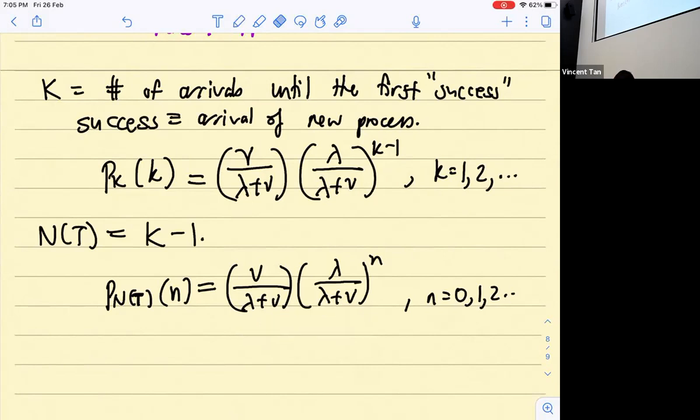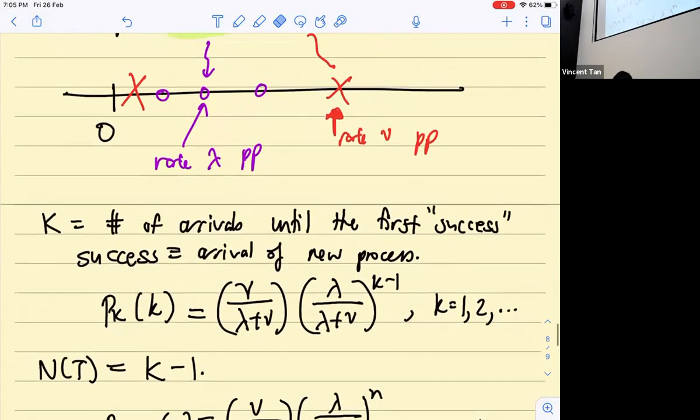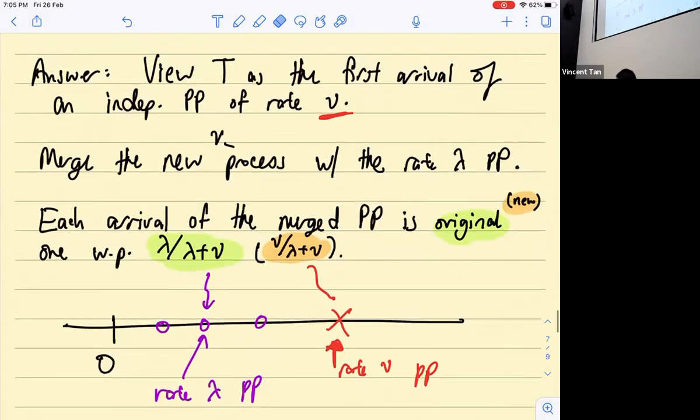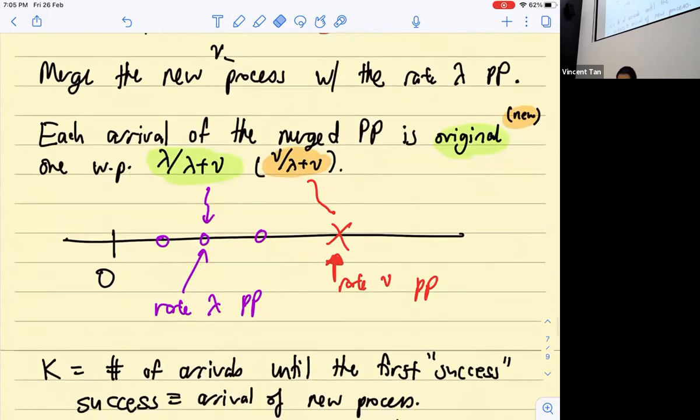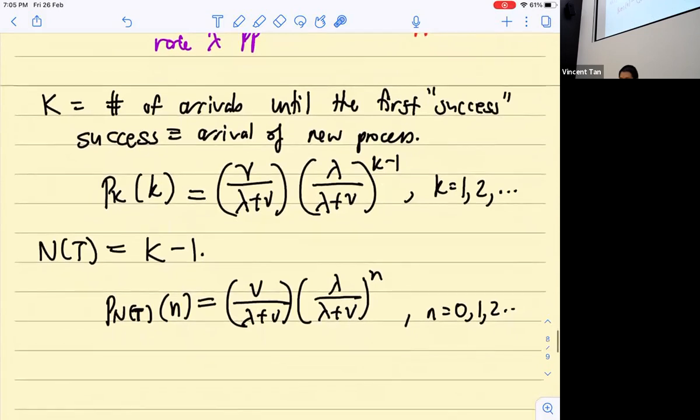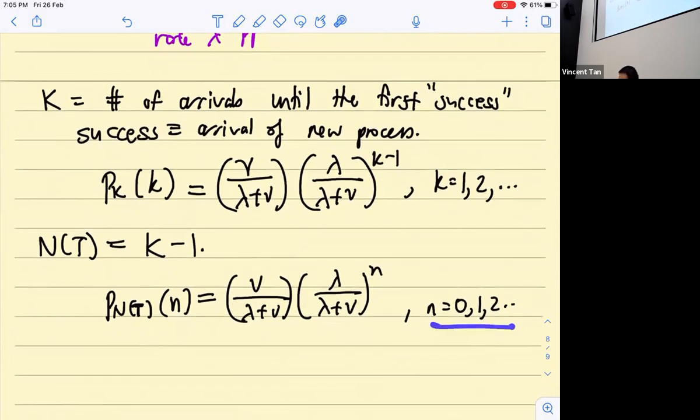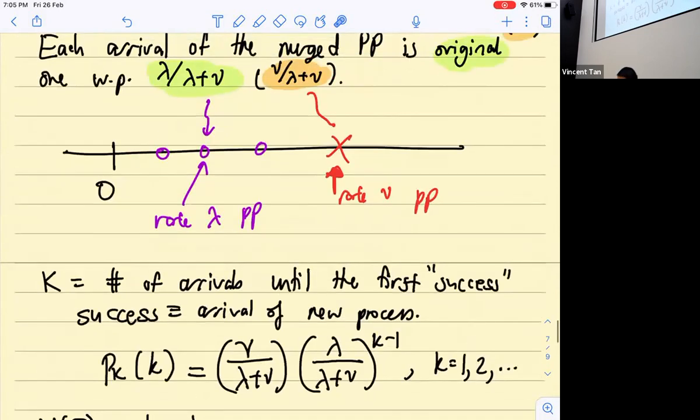All right, so let me call this p and this 1 minus p. Hopefully this adds up to 1. Yes, it does, after we apply the geometric formula in our head. If we compensate with plus something, then you will not get 1, and so it's very bad. So you notice what we have done here. We have thought of the random variable N_t as the number of arrivals of the purple process before the first red arrival. This is a geometric distribution that starts at 0, because you could immediately have an arrival of the new process.